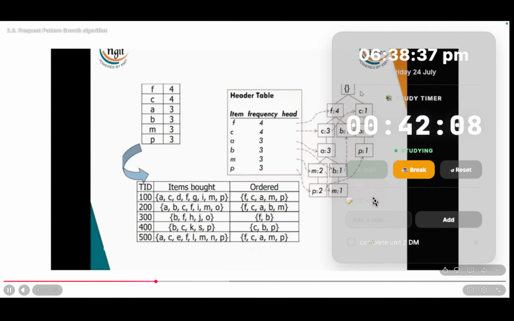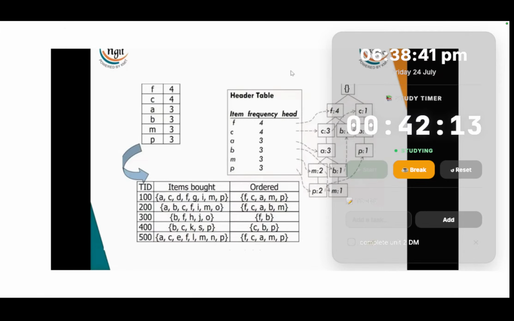And initially, this tree starts with the empty node. And here, when we take the first transaction, what is the first element which is there in the first transaction? It is F. So initially it starts with the null node. Then we have here F. So let us consider this F is repeated for the first time, right?